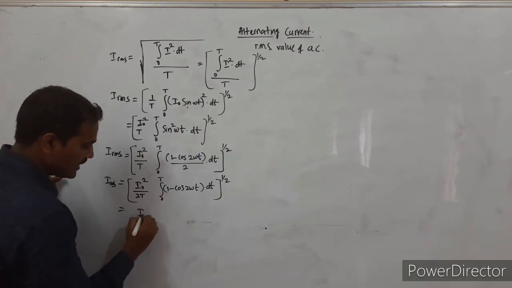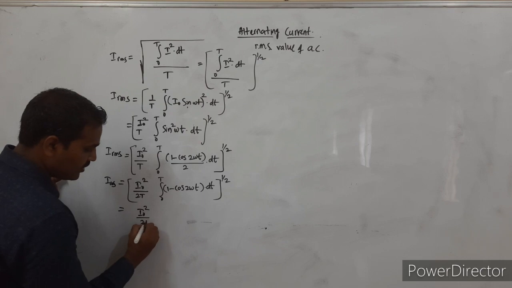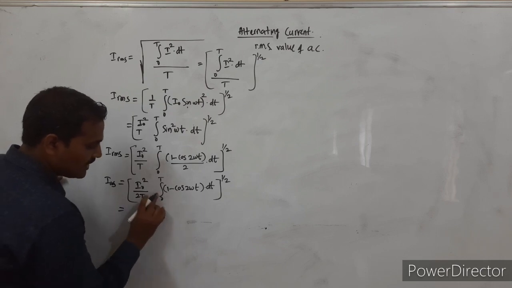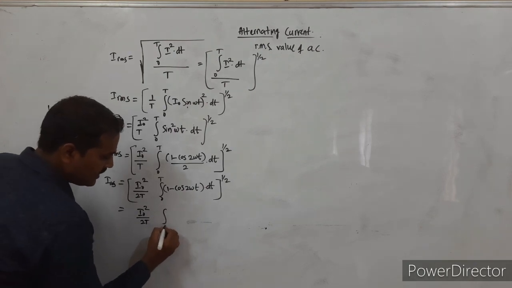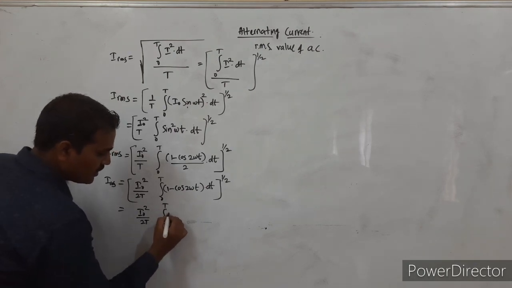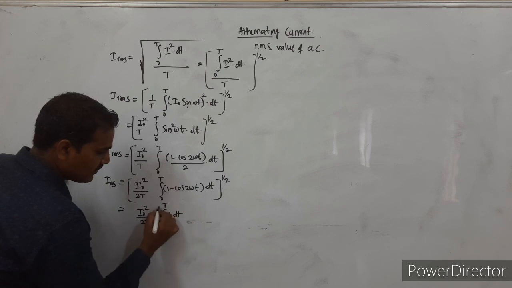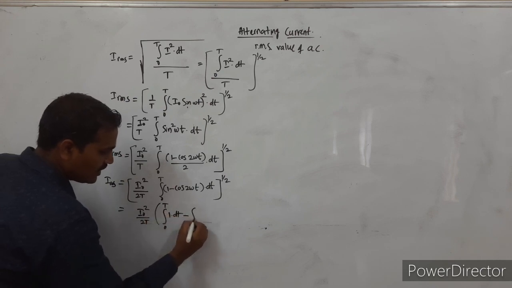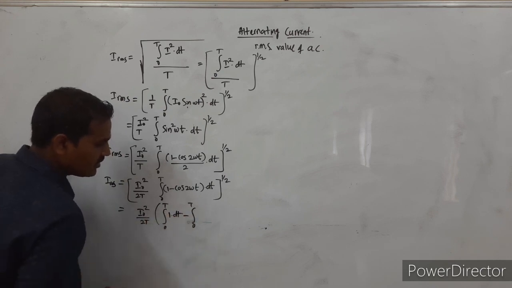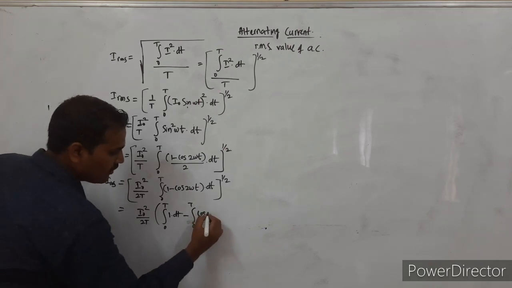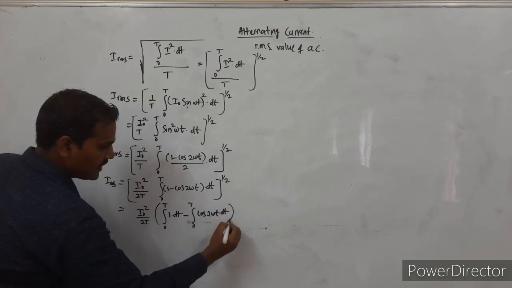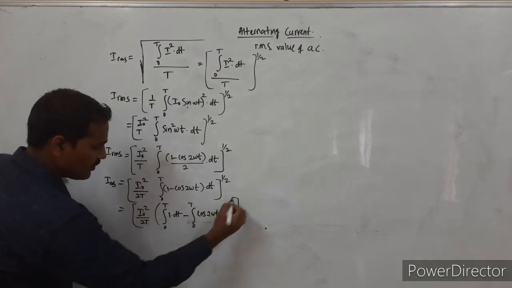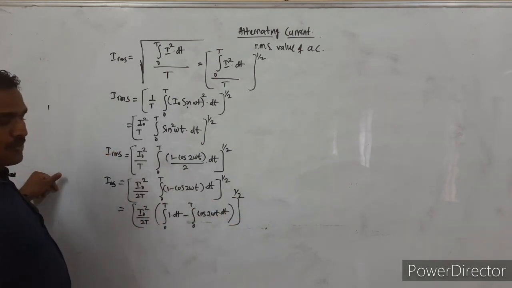I naught square divided by 2T, and separately I will apply the integration for both these terms: integration of 0 to T, 1 into dt, minus integration between the limits of 0 to T, cos of 2 omega t into dt. Yes, I have to take the square root of this term. I hope it is clear.